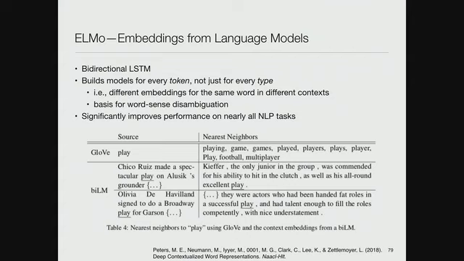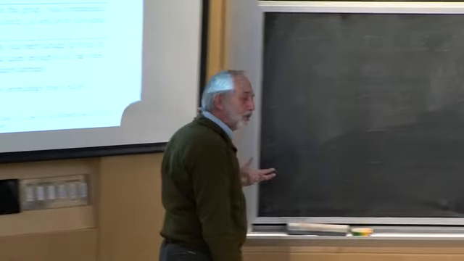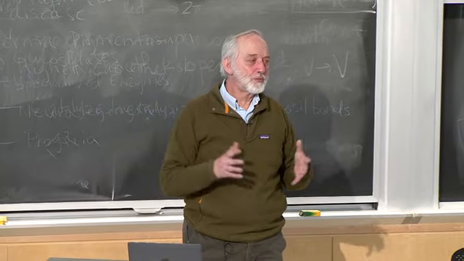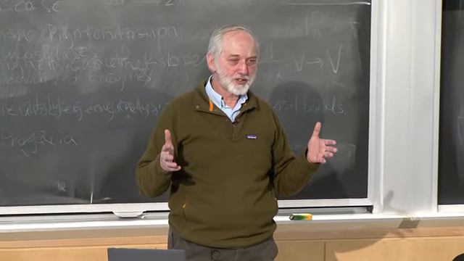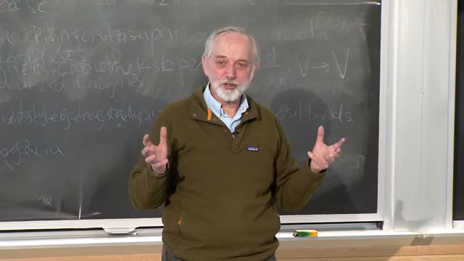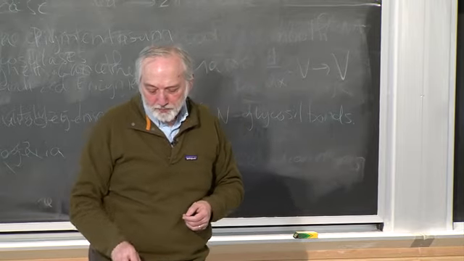So this is presumably the baseball player. And here is they were actors who had been handed fat roles in a successful play. So this is a different meaning of the word play. And so this embedding also has made really important contributions to improving the quality of natural language processing by being able to deal with the fact that single words have multiple meanings, not only in English, but in other languages.